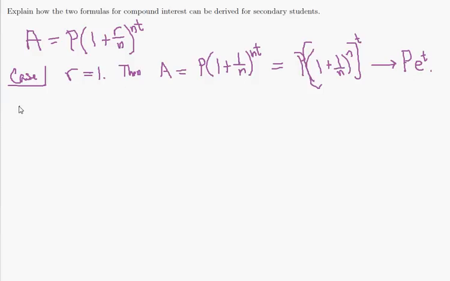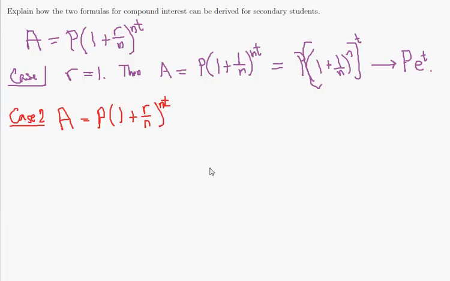Okay, now for the general case, we have A is equal to P times (1 plus r over n) to the nt.